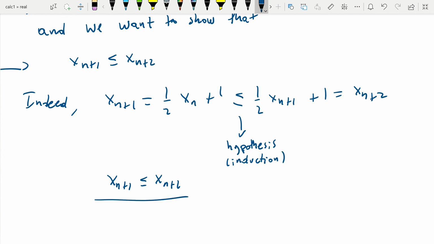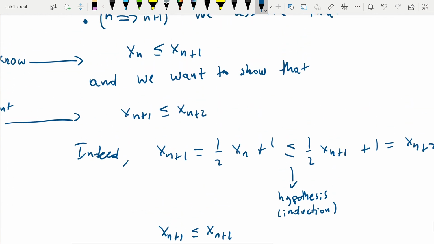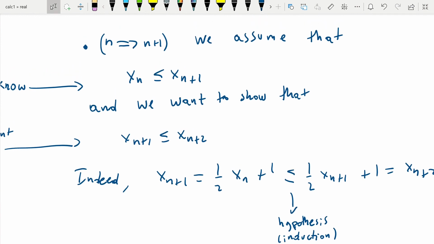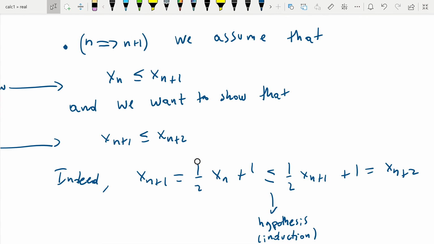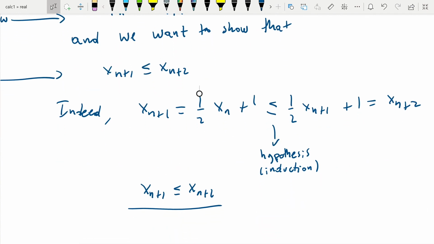And so we've accomplished showing that if x of n is less than or equal to x of n plus 1, then x of n plus 1 is less than or equal to x sub n plus 2, which is what we wanted. Right? And it's all in here.